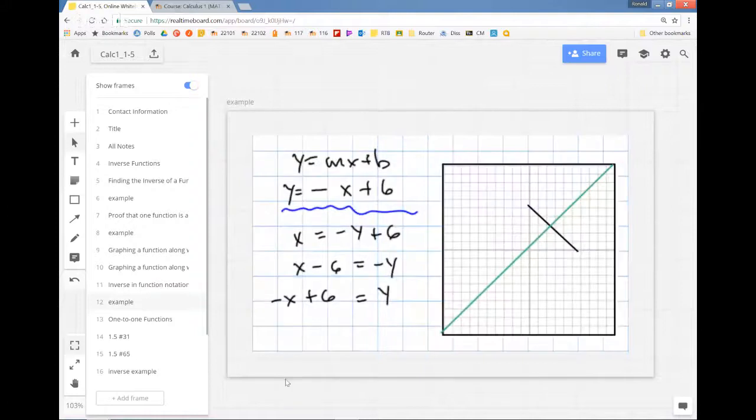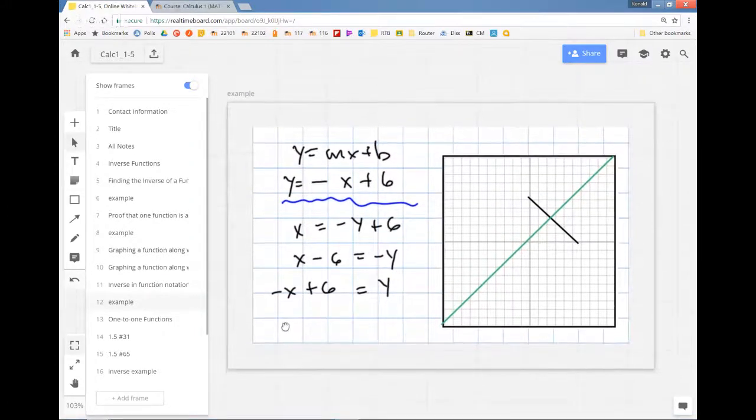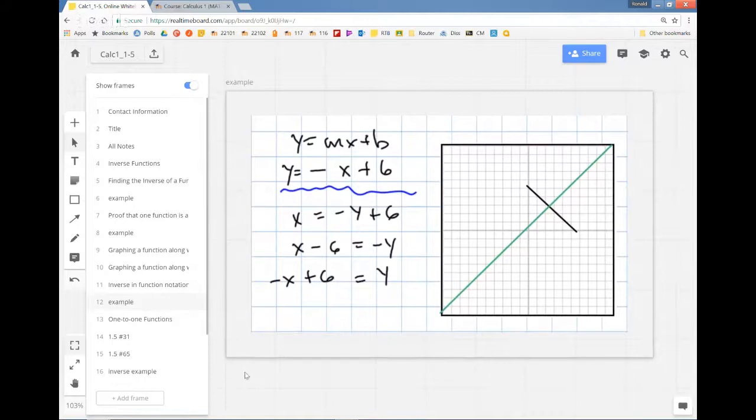Okay, so let's see, what am I doing here? So we've got y equals negative x plus 6. We swap the x and the y, and you get y equals negative x plus 6.